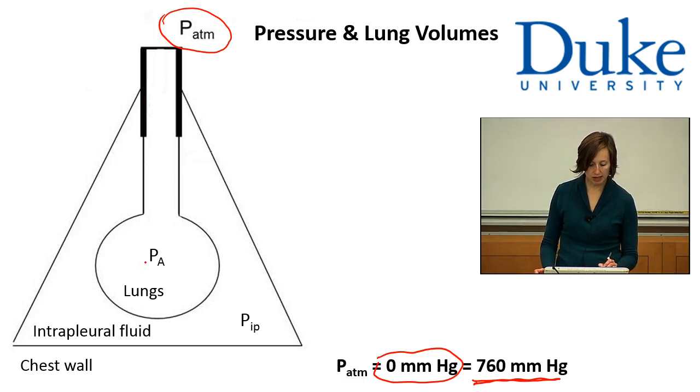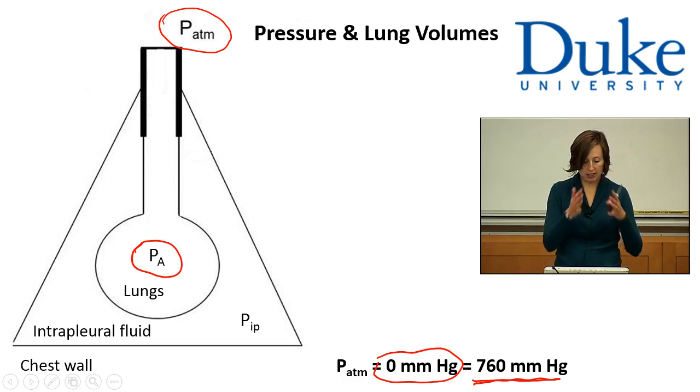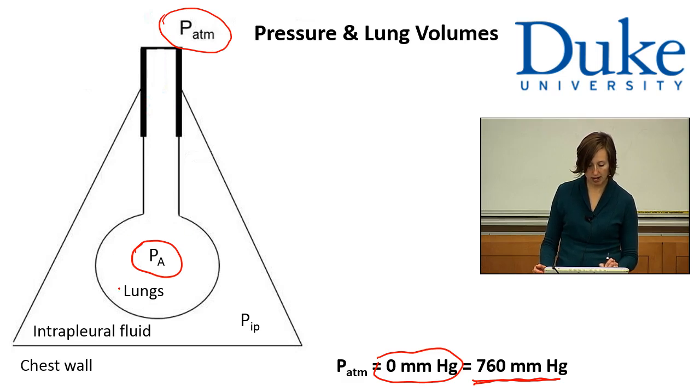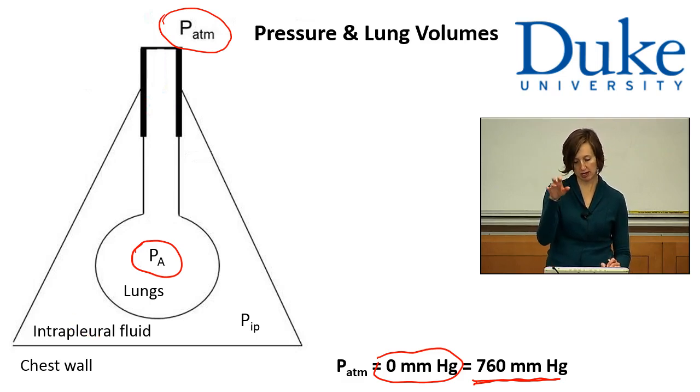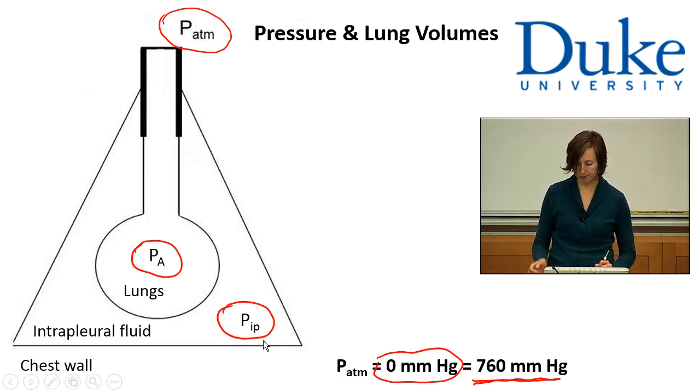And we've already talked about the pressure in the alveoli, which is going to be capital P A, big P A. So we're just considering the pressure in the lungs in general in this diagram. And then we've got the chest wall and the intrapleural fluid. That's that fluid in the pleural sac between the lungs and the chest wall, which we're going to call PIP.